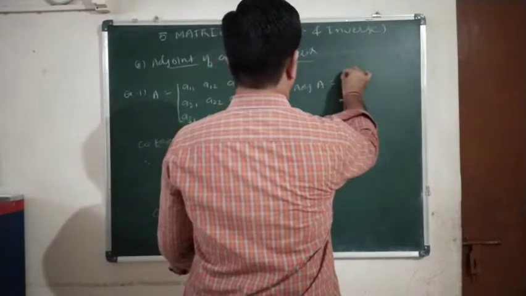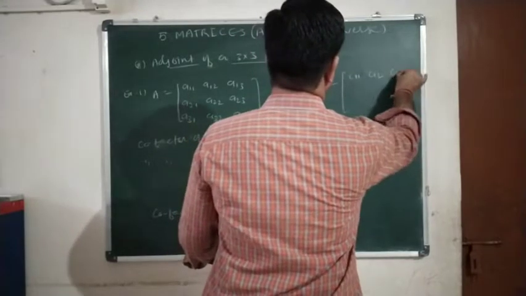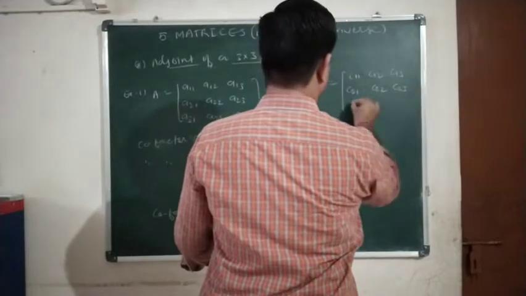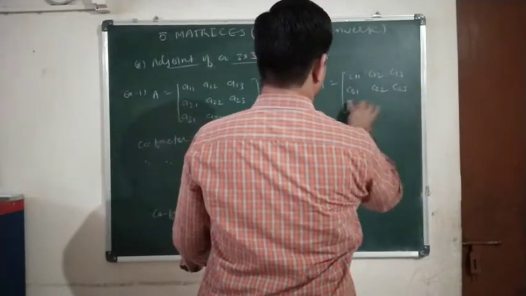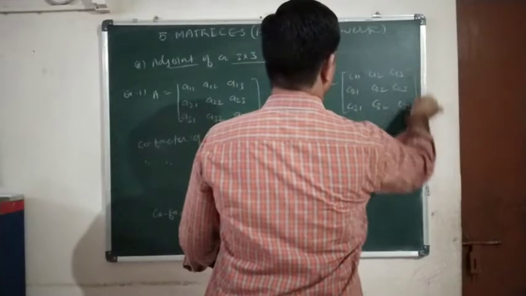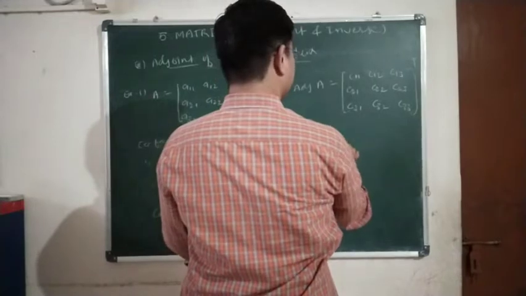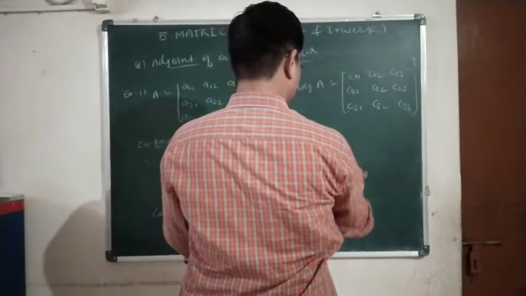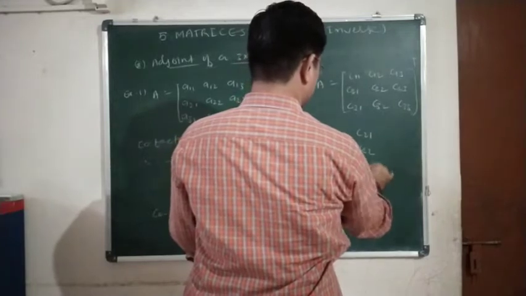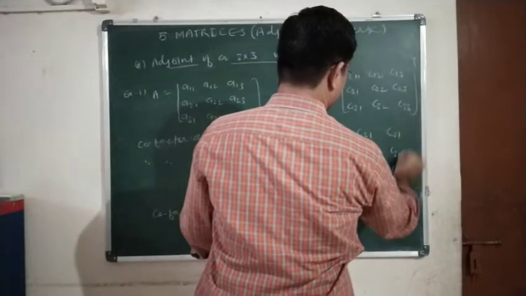Therefore adjoint of A will be the matrix C11, C12, C13, C21, C22, C23, C31, C32, C33, transposed, which gives C11, C21, C31, C12, C22, C32, C13, C23, C33.